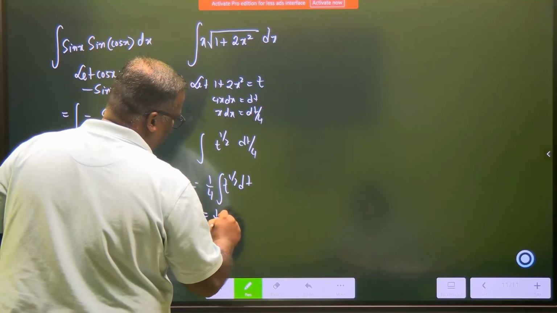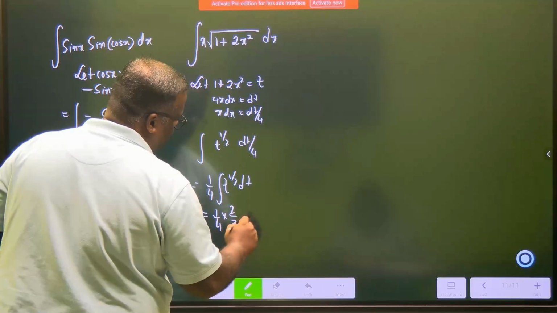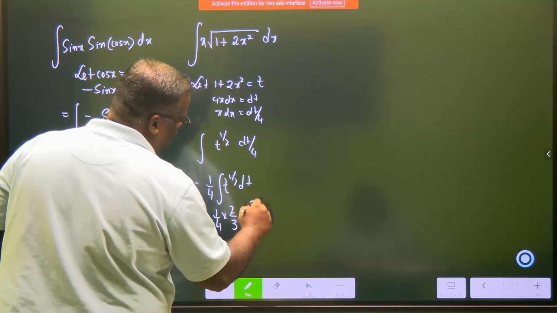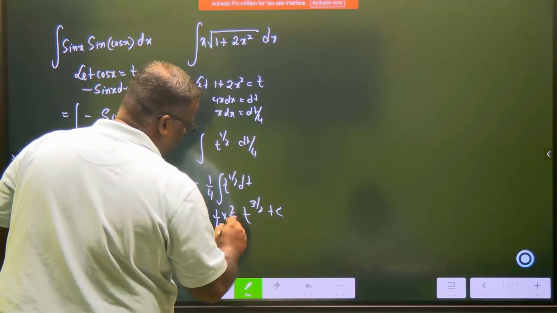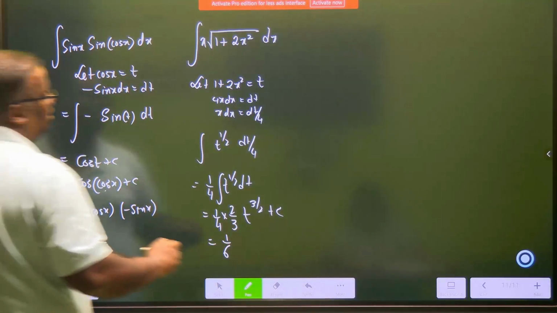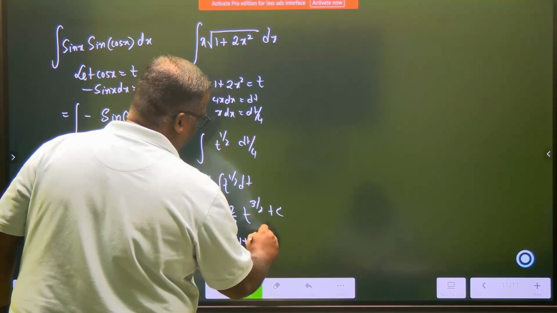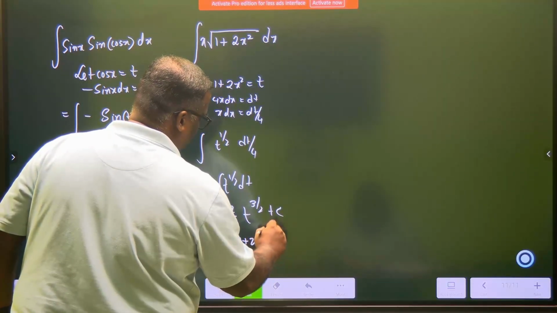So 1 by 4, integral of t to the power half will become how much? 2 by 3 t to the power 3 by 2 plus c. So this is 1 by 6 t, where t is 1 plus 2x square to the power 3 by 2.